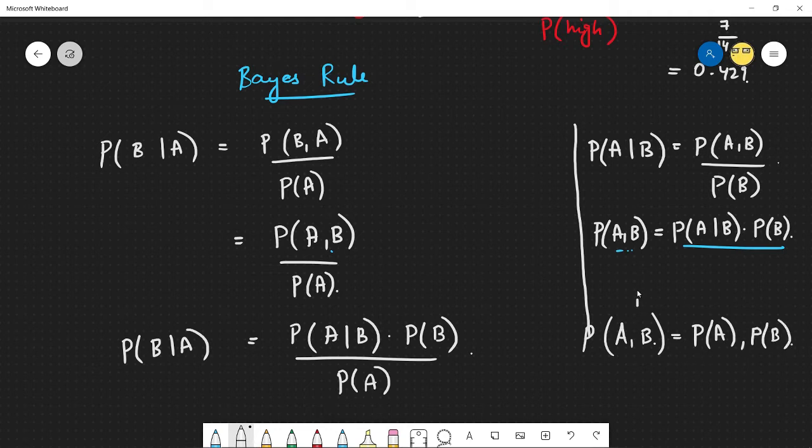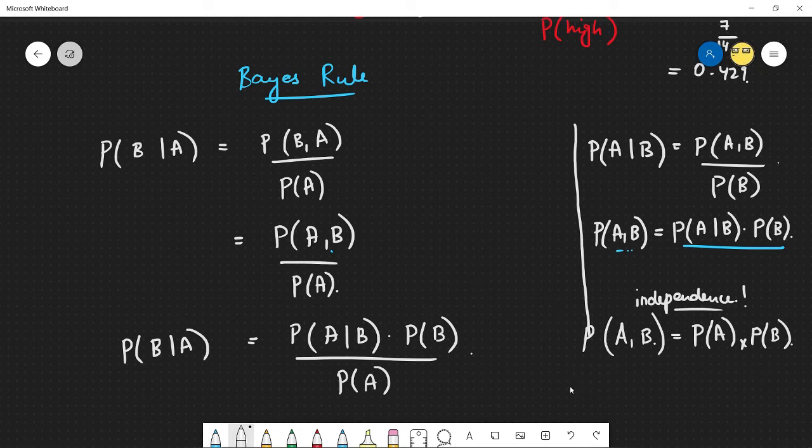So independence here, me saying that A and B are independent, is going to be really, really important in trying to get rid of these joint probabilities. Instead, we play around with just conditional probabilities or marginal probabilities.